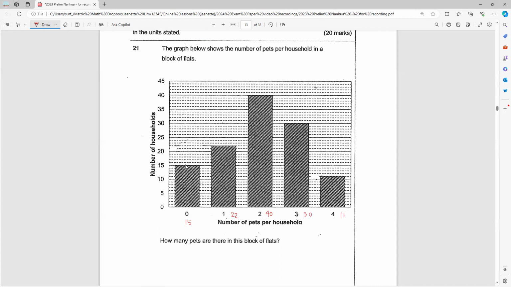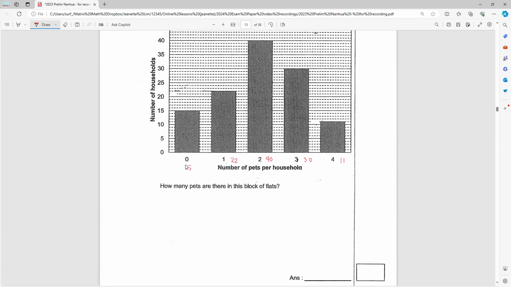We're not looking for the number of households, but the number of pets. If they don't have anything, 0, there are 0 pets here. If you have 1 pet for each of the 22 households, that's 22 times 1. Then you have 40 households having 2 pets, so 40 times 2. 30 households have 3, so that's 90.